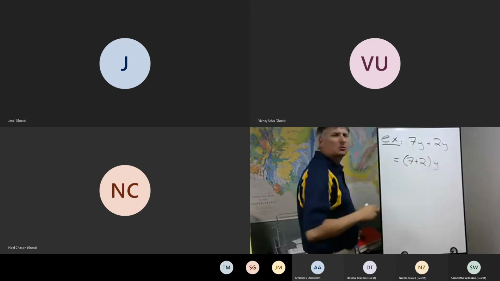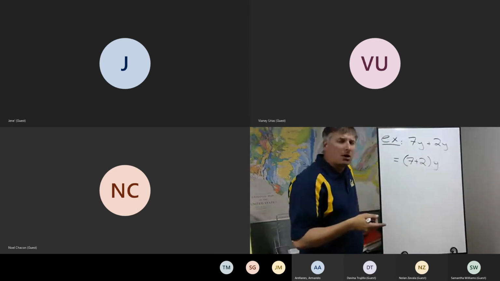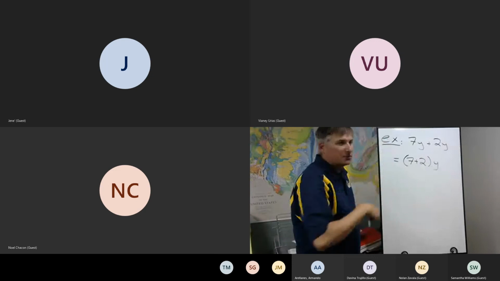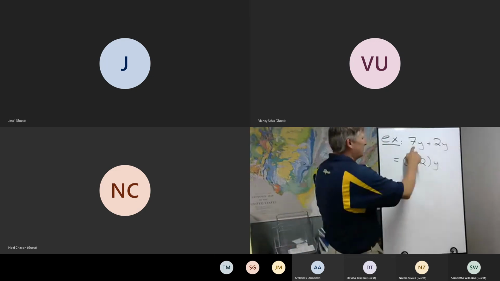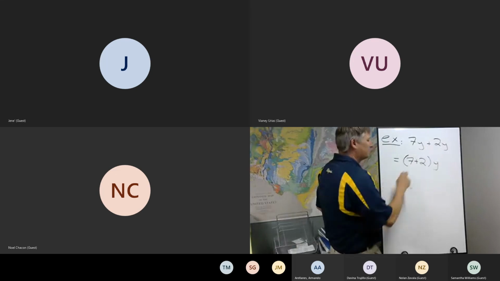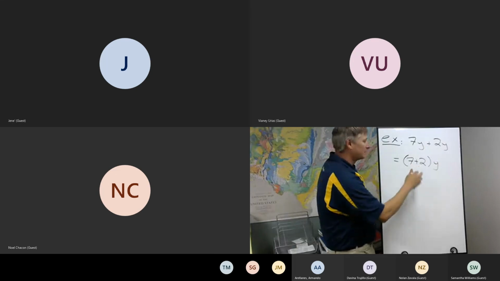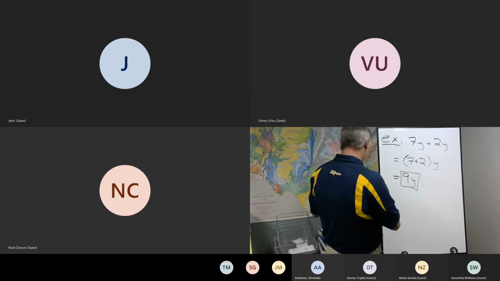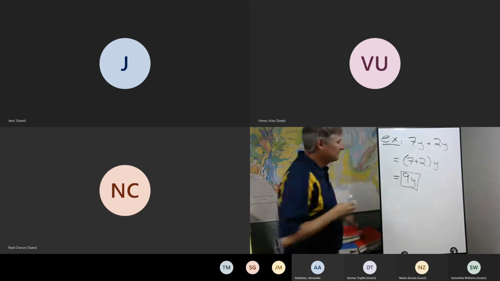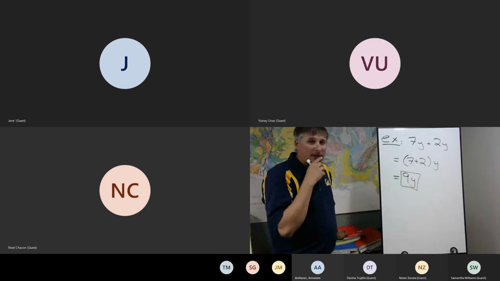We're taking a shortcut is what we're doing. We could work this out the long way, like we'll reverse the distribution, but we sort of saw a shortcut. The shortcut is just add these numbers together to get the number that goes in front. We're going to get 9y. Questions about that?